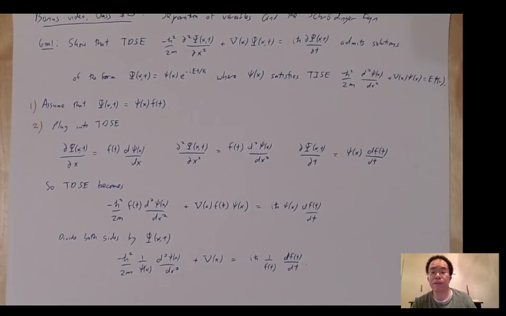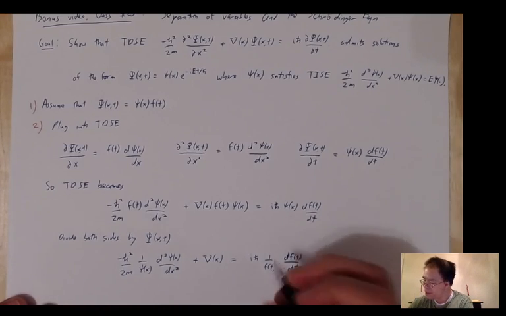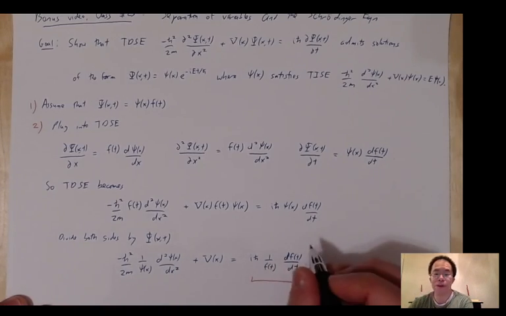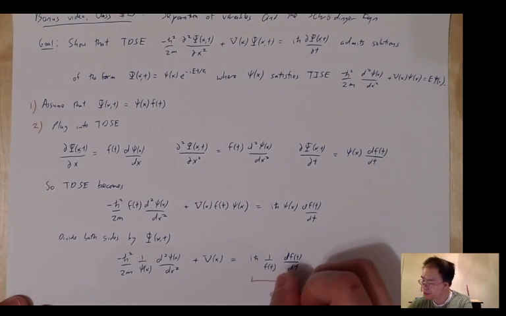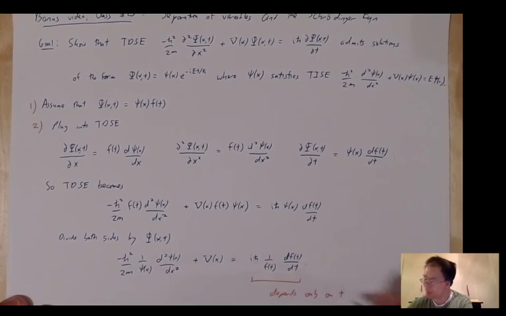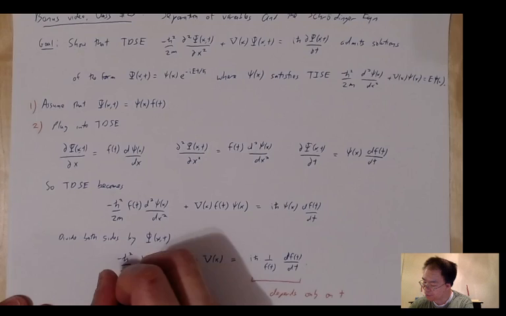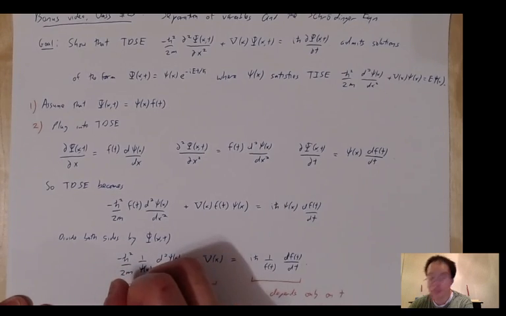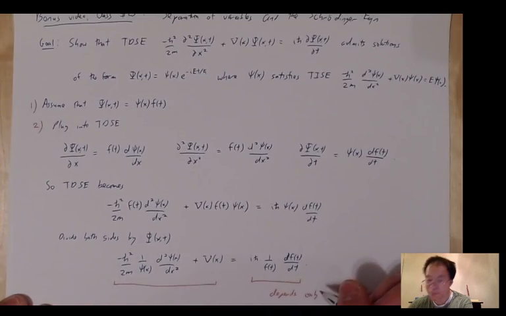So notice what we have here now. We've made a good bit of progress, because now the right-hand side depends only on time, whereas the left-hand side depends only on position.